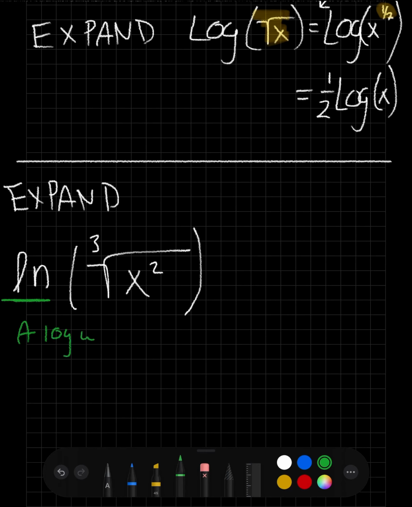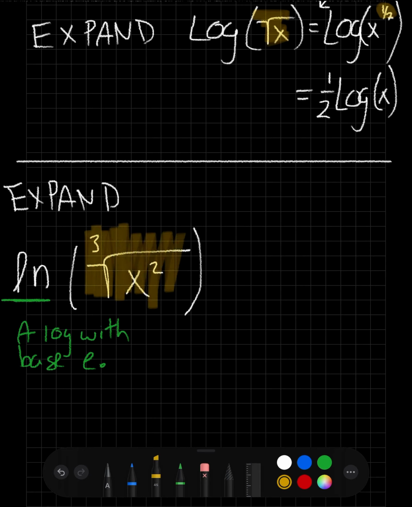So first of all, ln is a log with base e. So it follows all the same rules as our logarithms. So we'll be able to use all of our properties that we've been working with. The second thing is that we will actually be able to rewrite this expression in here as an exponent.